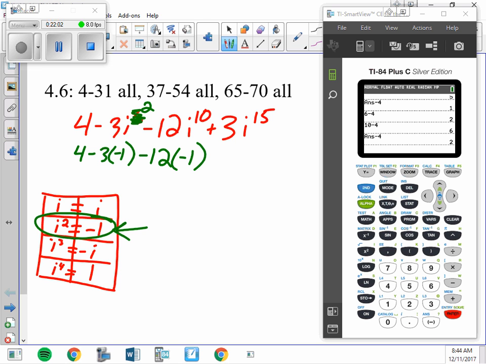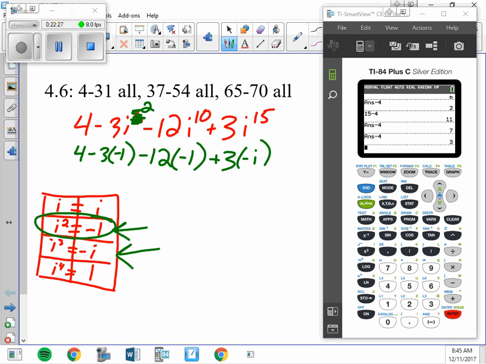The next one is i to the 15th. 15 minus 4 is 11. Minus 4 is 7. Minus 4 is i to the 3rd, which is this row. So i to the 3rd is the same as negative i. I just replace the i to the 15th with negative i.